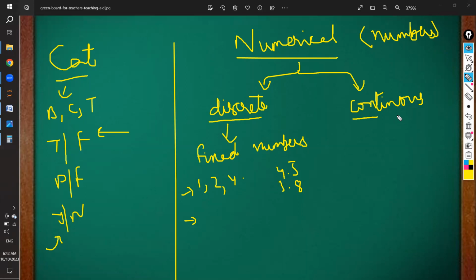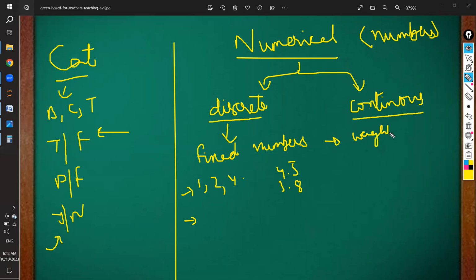Whereas continuous could be continuous values. That means the range is not countable. For example, let me take the weight of a person.